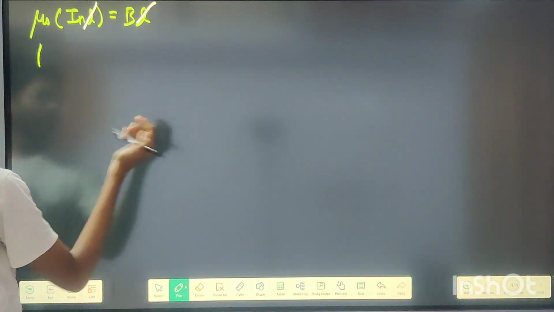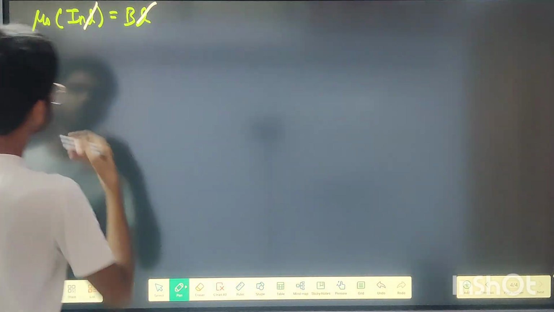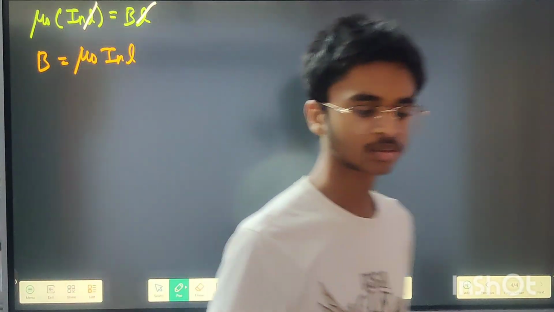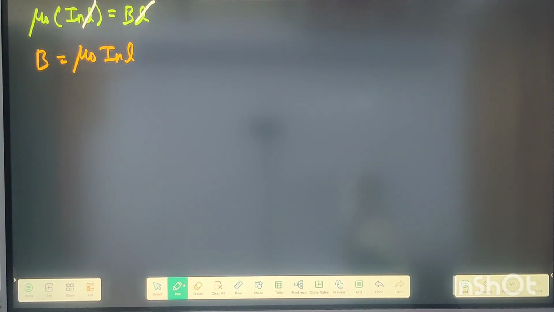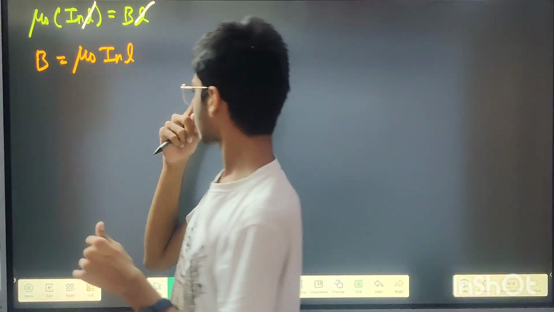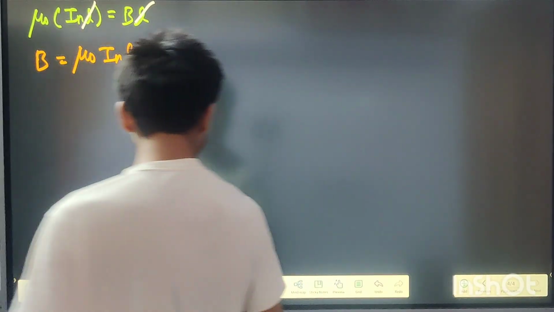Then B is equal to, since this is important, I'll write in another color, B is equal to mu naught INL. This formula we have got.